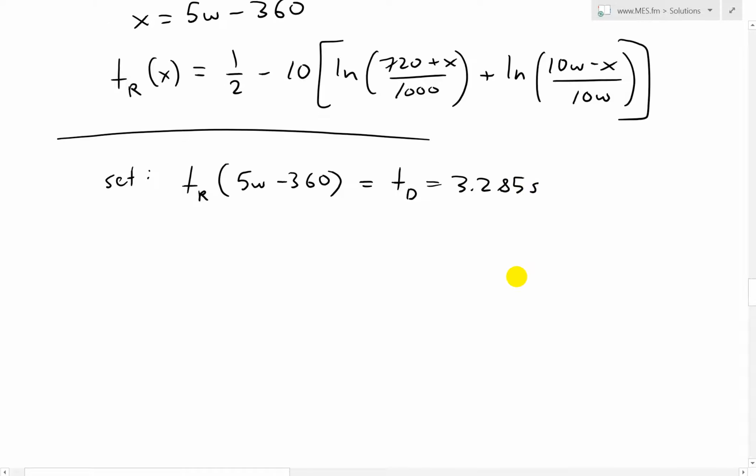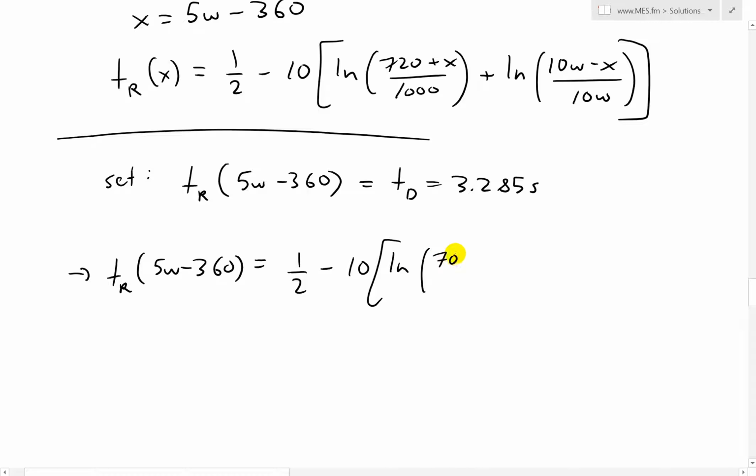So let's plug this into this big formula. We get TR of 5W minus 360 is equal to 1/2 minus 10 times ln of 720 plus 5W minus 360, all divided by 1,000.